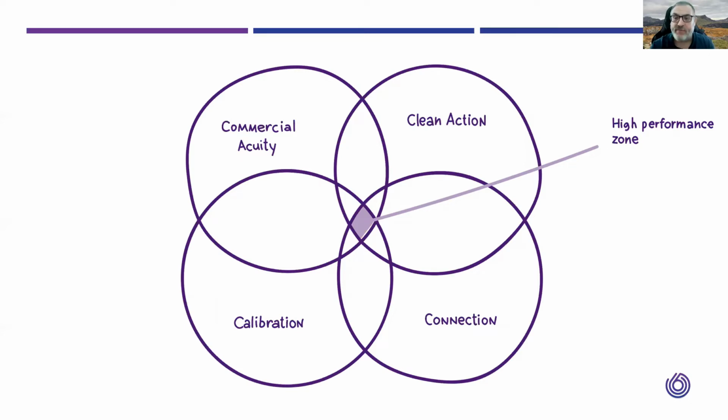Clean action is my methodology for planning and executing actions in the business. And connection is my model for how we build relationships, both within and outside of the business, with customers and suppliers, as well as internally. You can see that all four of these things are critical to good decision making, so you'll hear elements of these models as we move through.